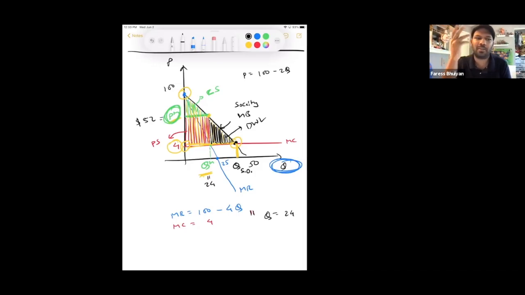Deadweight loss, price gouging, we get that. Why would some people say, no, there is a place for monopolies sometimes? Any ideas? I see somebody wrote something in the chat.